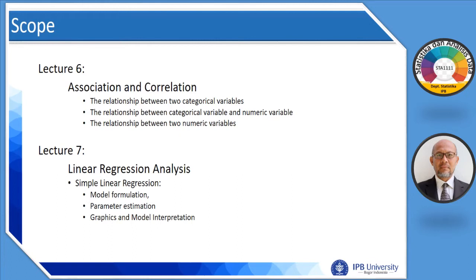And then next week at lecture 7, we are talking about linear regression analysis. We are talking about simple linear regression, and then covering model formulation, parameter estimation, and graphic and model interpretation.